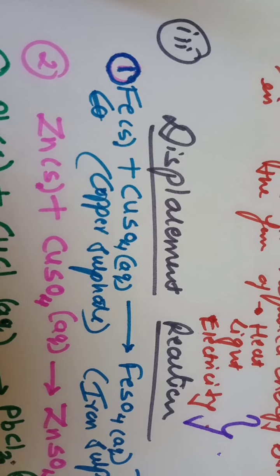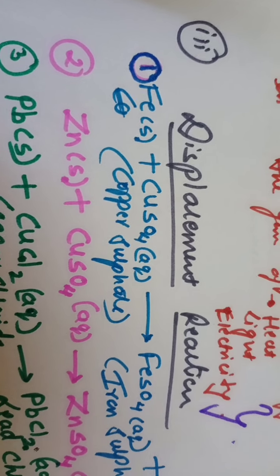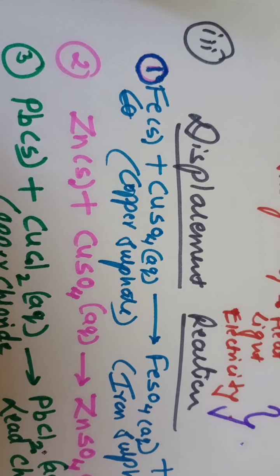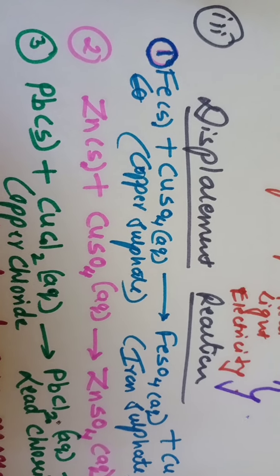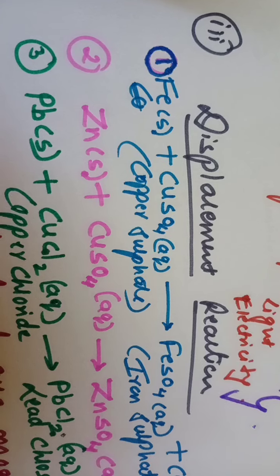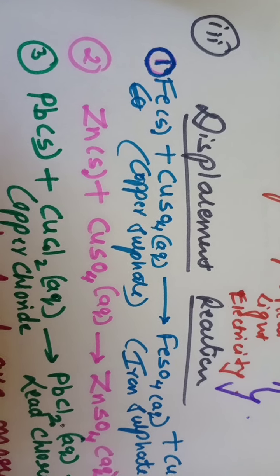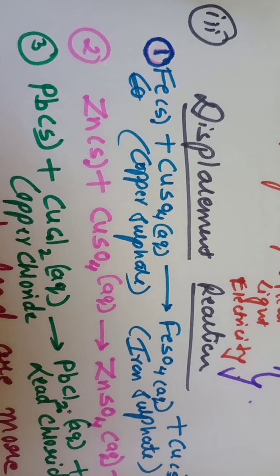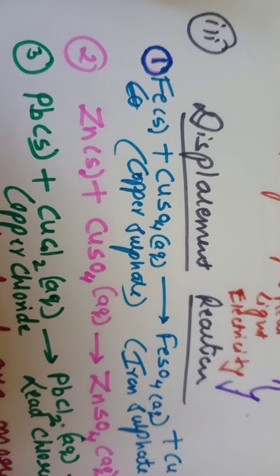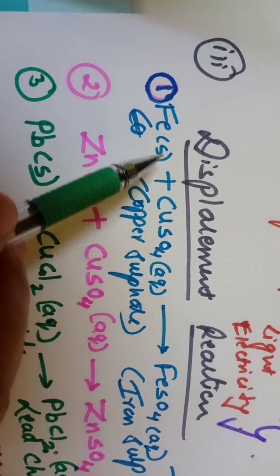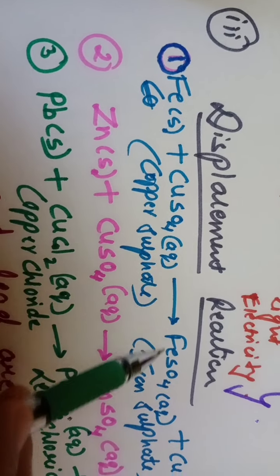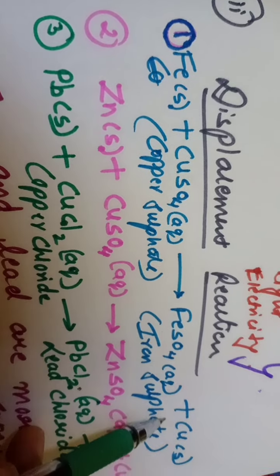Next reaction is displacement. Generally, the chemical reaction in which a more reactive element displaces a less reactive element from its salt solution is known as displacement reaction. Here is one example. Iron reacts with copper sulfate, gives iron sulfate and copper.